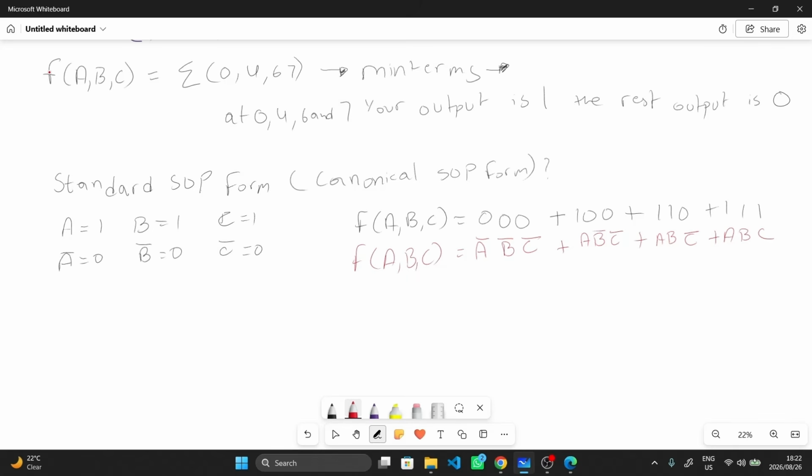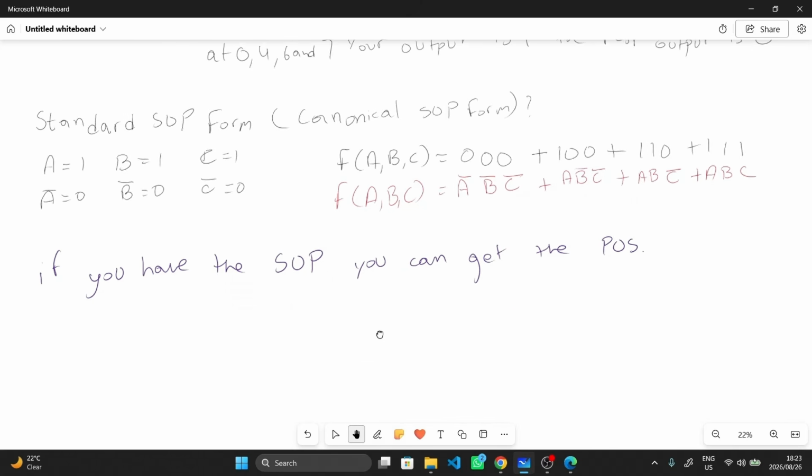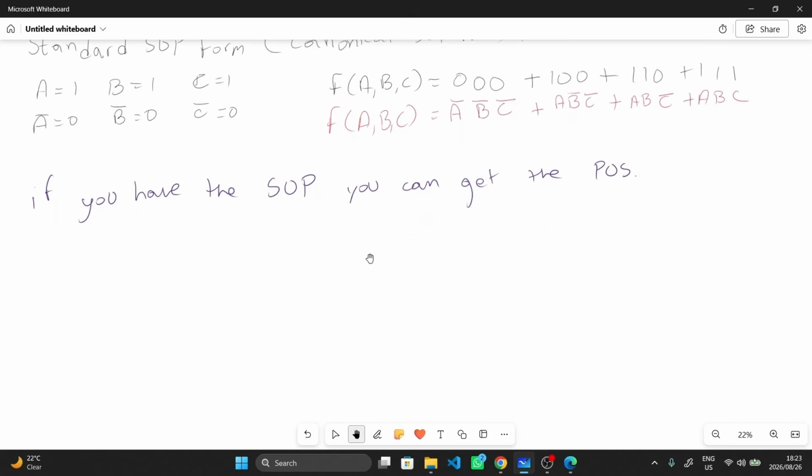Similarly, if you have the SOP, you can get the POS, right? So how does that work? So we know we have our SOP numbers or our minterms, which is 0, 4, 6, and 7, right?